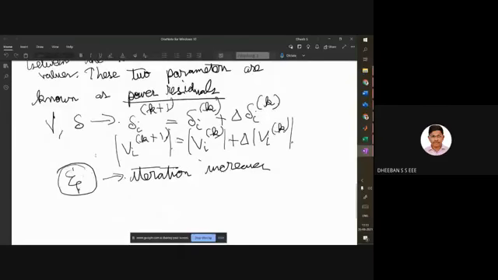Another thing is this epsilon that is there, right? As I said, in some cases, if this epsilon is not given, you can assume it. Your problem will be more accurate only if this epsilon value is very small.